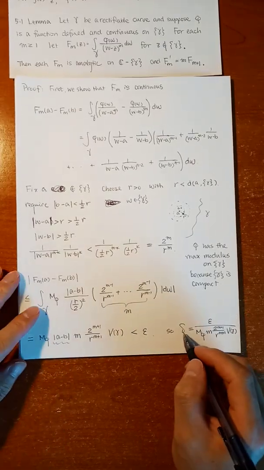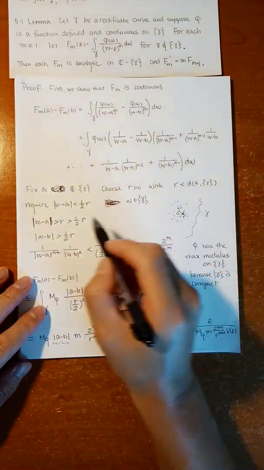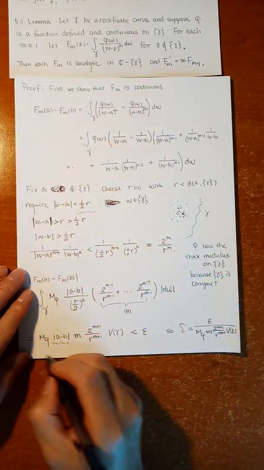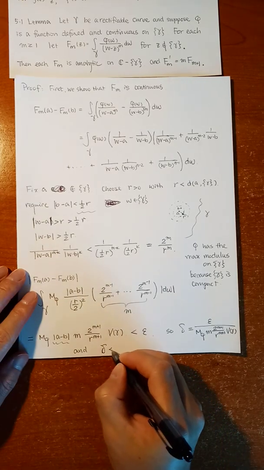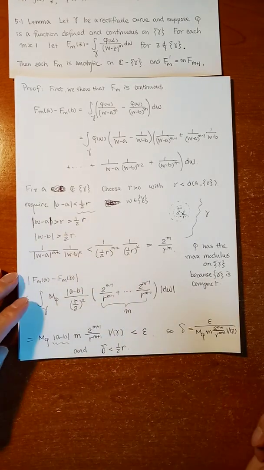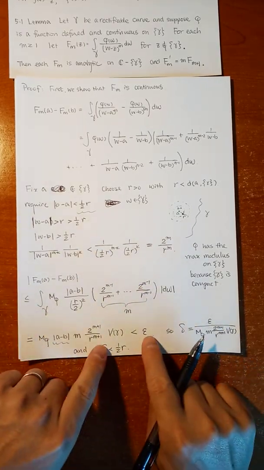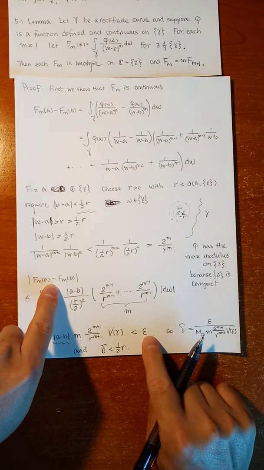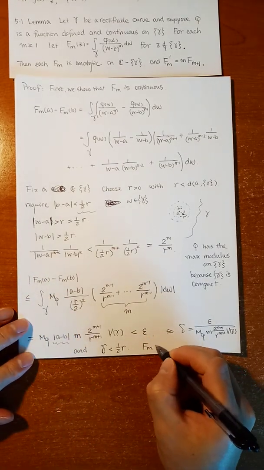And of course this delta should also be less than 1/2 r. When these two conditions are satisfied, we get that this whole difference is less than epsilon, so the function f_m is continuous.